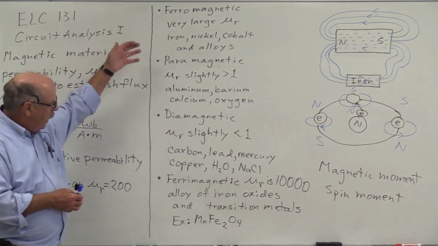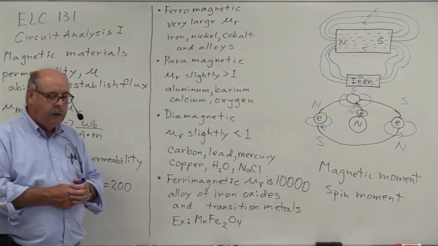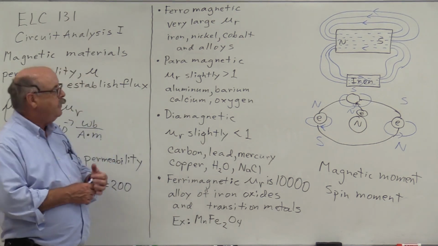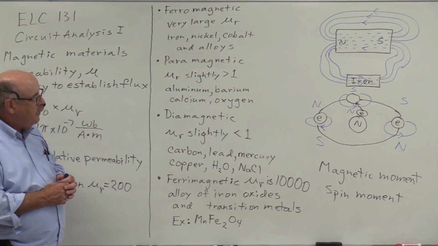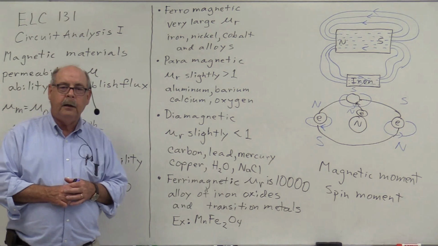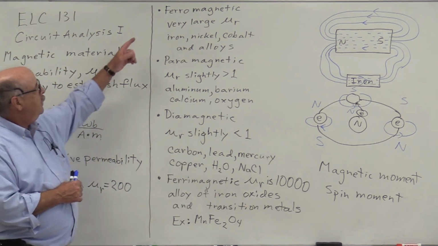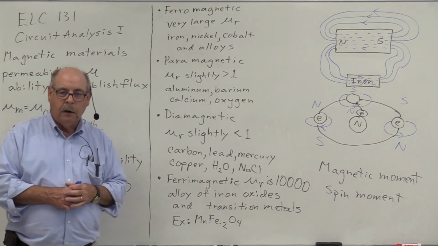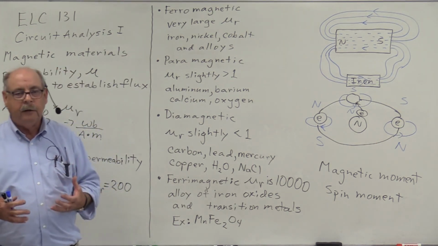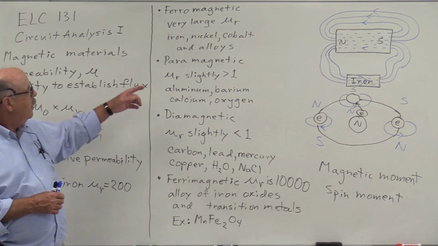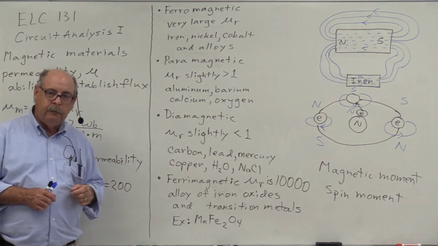And we classify our materials in the classifications shown, and it's all determined by atomic structure. That's why some materials are strongly attracted to magnetic fields. Some are weakly attracted to magnetic fields.